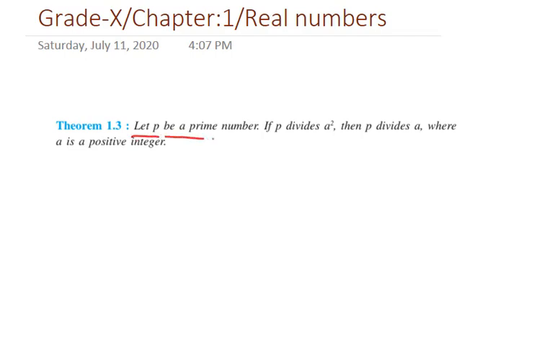Let P be a prime number. If P divides A square, then P divides A, where A is any positive integer. Here, try to understand the statement. If P is any prime number and A is any positive integer, and the statement P divides A square is satisfied, then we can write the second statement also.